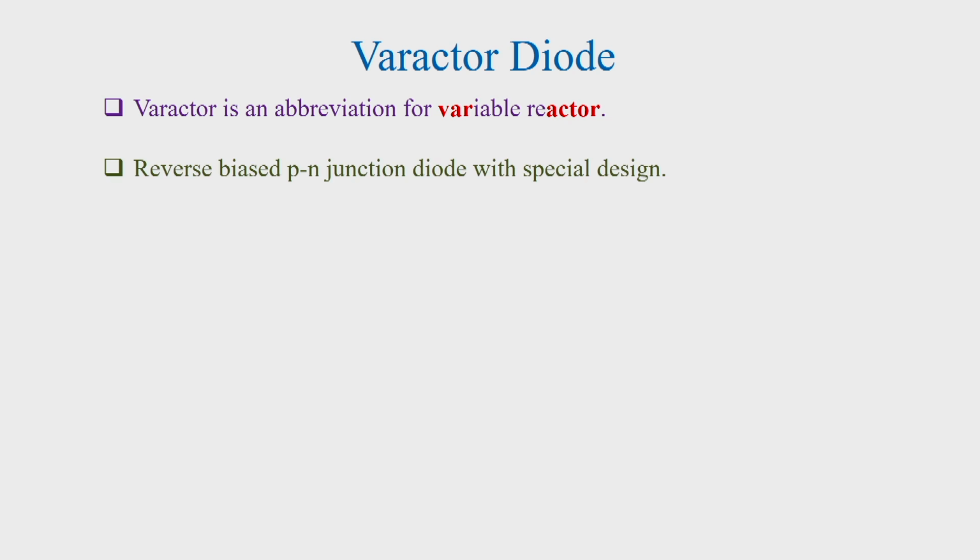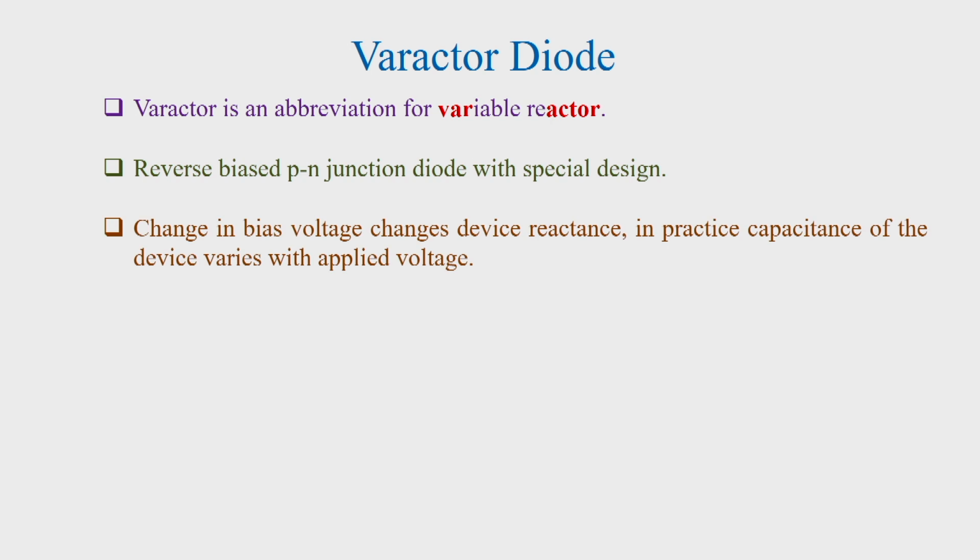It is a reverse bias p-n junction diode with some special design. Now, when the bias voltage is changed, it changes the device reactance, and in practice the capacitance of the device varies with applied voltage.